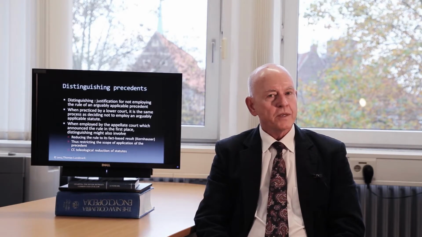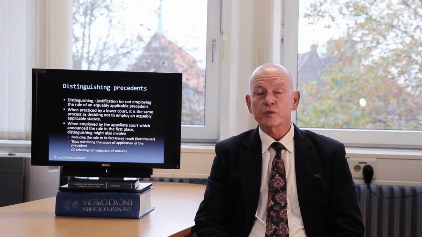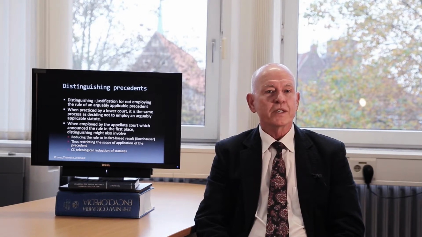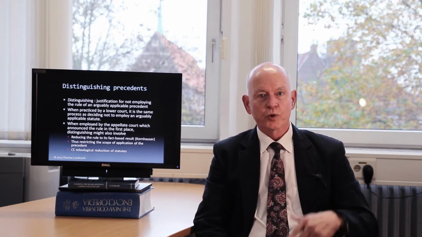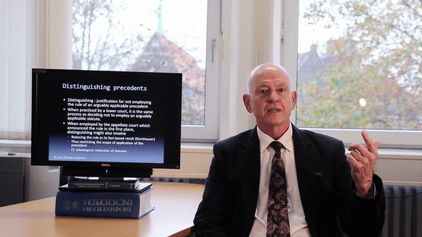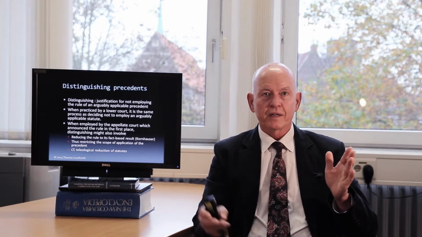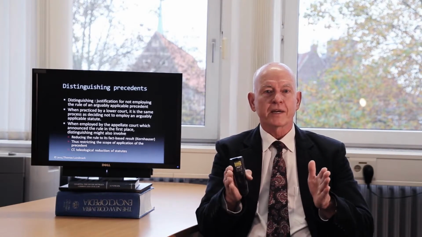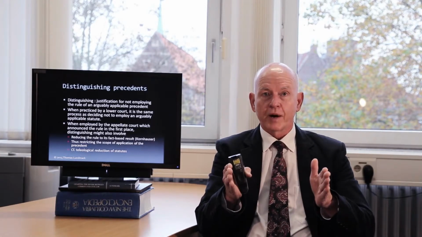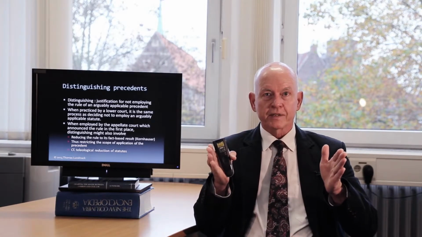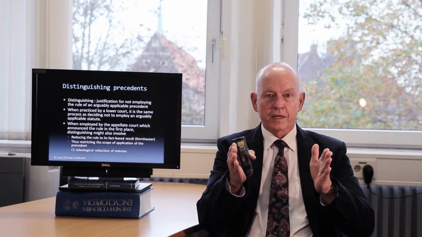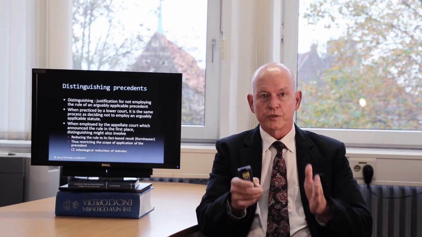However, when distinguishing is employed by the appellate court which announced the rule in the first place, distinguishing might also involve reducing the rule in the previous case to its fact-based result. This will then restrict the scope of application of the precedent. By the way, this is the same thing that happens through a teleological reduction of a statute.